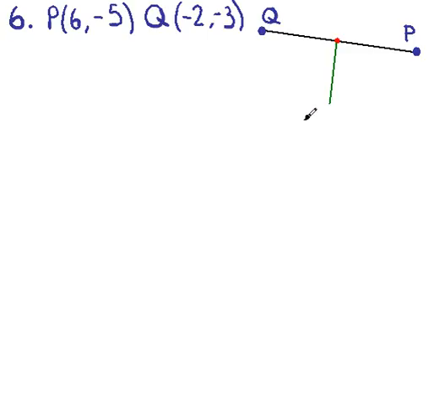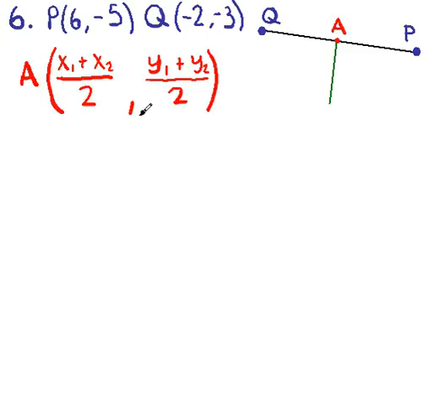To find the equation of any line, we need a point on the line, and we also need the gradient of that line. First, the point which lies on the green line is going to be the midpoint, this red point here, which is the midpoint of the line PQ. So first, we write down our midpoint formula.